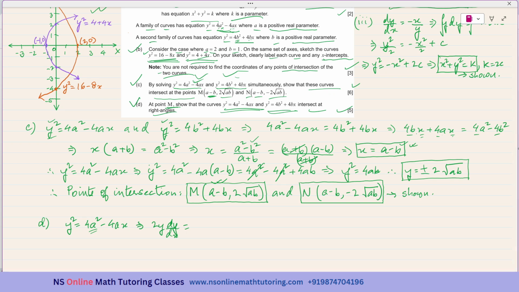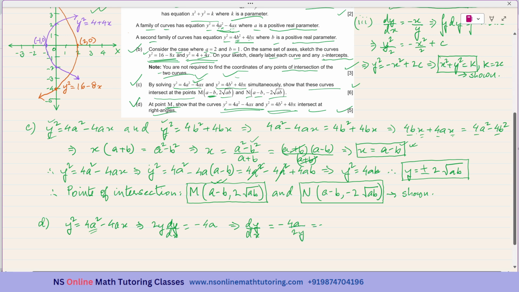Its derivative will be equal to 0 and we will be having the differentiation of negative 4ax with respect to x giving us this minus 4a as the result. Okay. So therefore, dy by dx is equal to negative 4a over 2y, which is equal to negative 2a over y.